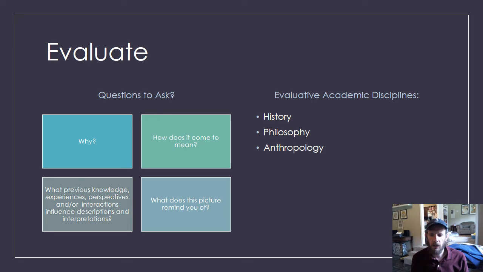Remember that evaluation is the story that we tell. It has a lot to do with memory, and we're going to look in several of our course films, the cyberpunk films, about memory. This genre has a lot to say about memory. What previous knowledges and experiences, right, or interactions influence these descriptions or interpretation.